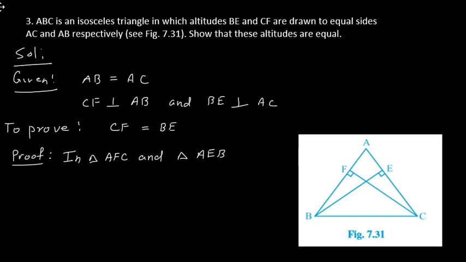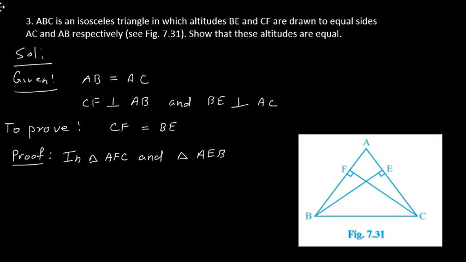Now why have I taken these two triangles? You can easily recognize that angle A in both the triangles is the same, angles E and F are each 90 degrees, and sides AB and AC are the same. So by angle side criteria, these two triangles are going to be congruent.